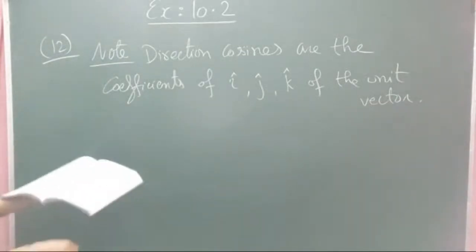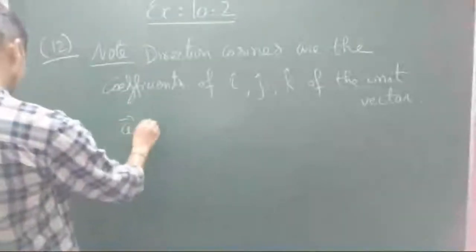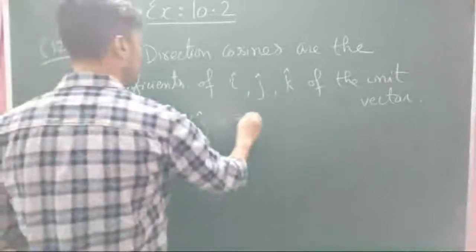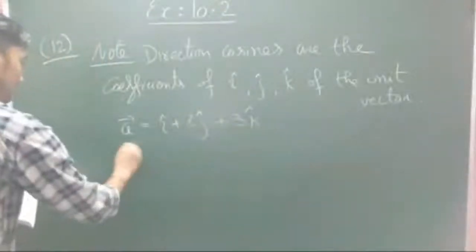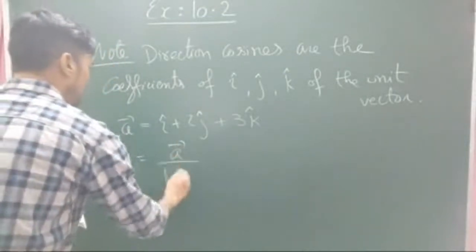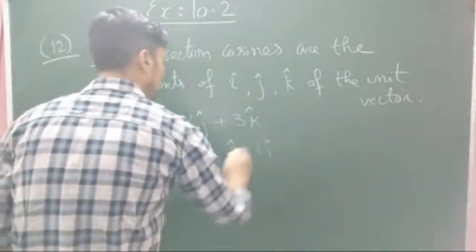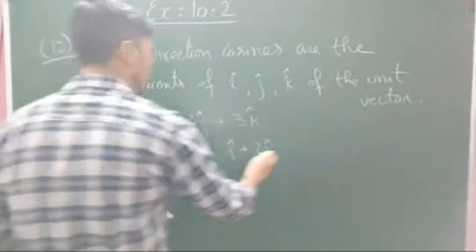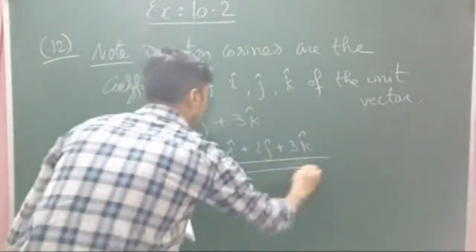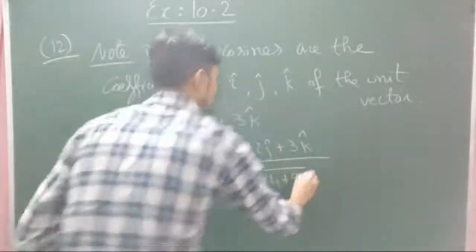So question number 12, that is, find the direction cosines of the given vector. The given vector is i plus 2j plus 3k. So let's find its unit vector, that is, as usual, i plus 2j plus 3k upon root over of 1 square, 2 square is 4, 3 square is 9.